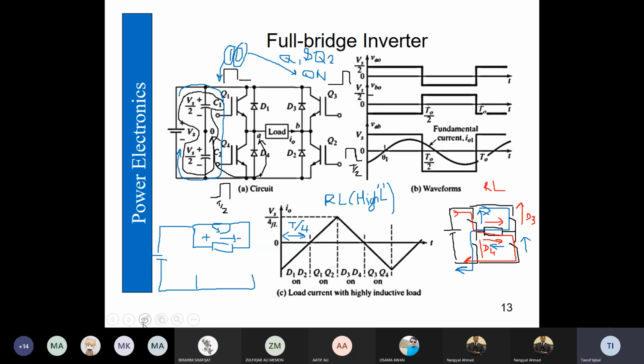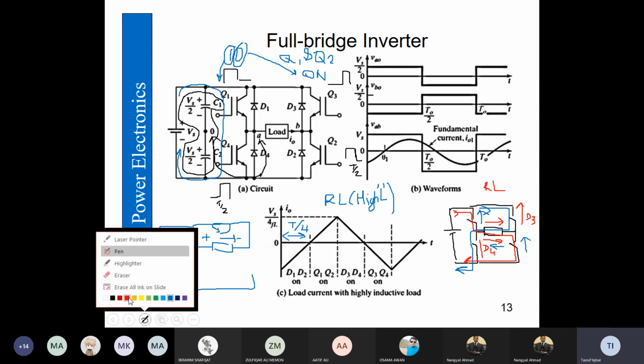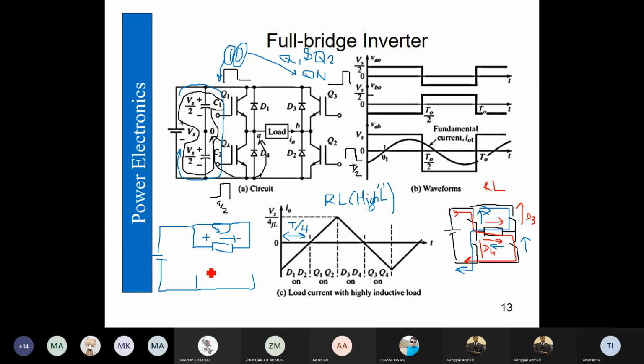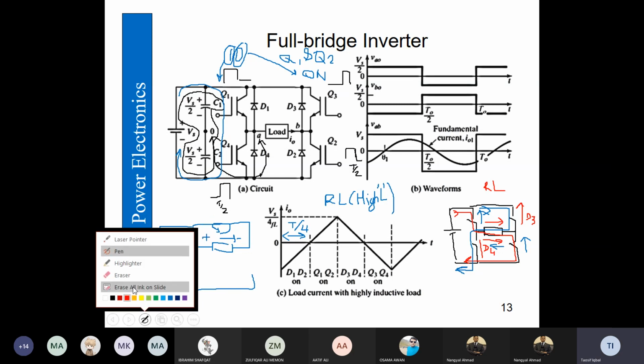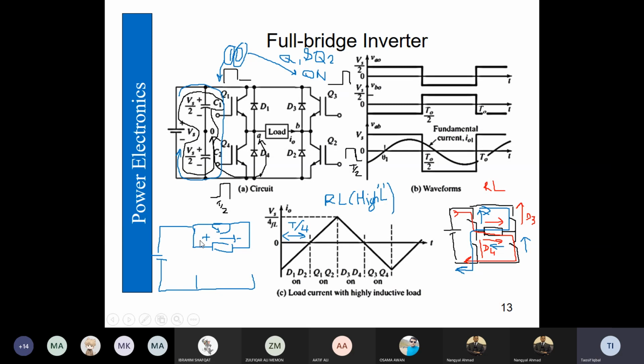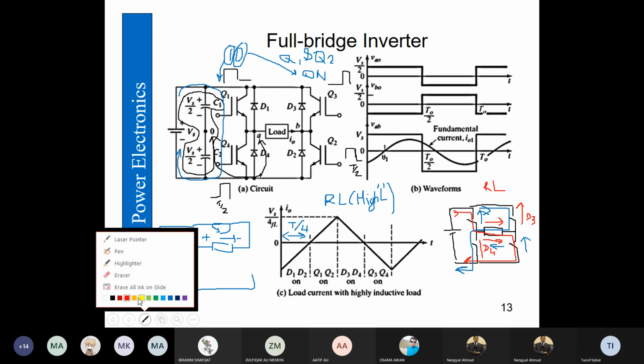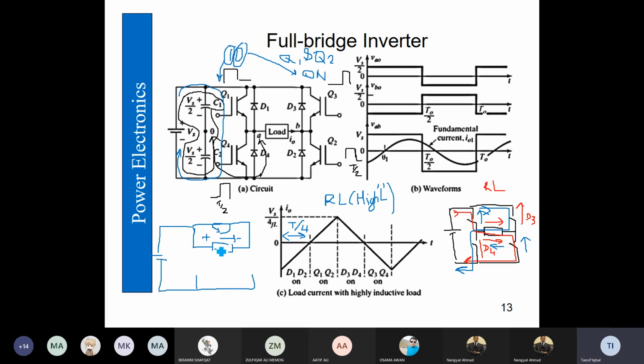Similarly, in the other way around, if we have 0 state, this state is which one? When both upper switches are on, this state is 1 1.